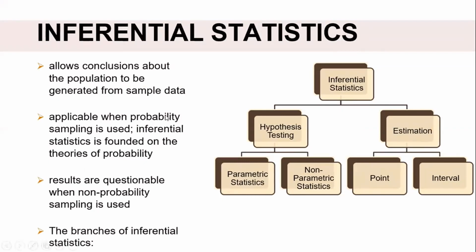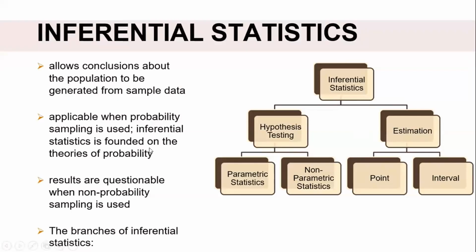And that's why, if we have probability sampling, just like the ones we mentioned last time, remember, random sampling, simple random sampling like the fishbowl or lottery method, systematic sampling, stratified random sampling, cluster sampling, what else? And we have multi-stage sampling. That's why it's really applicable when probability sampling is used.